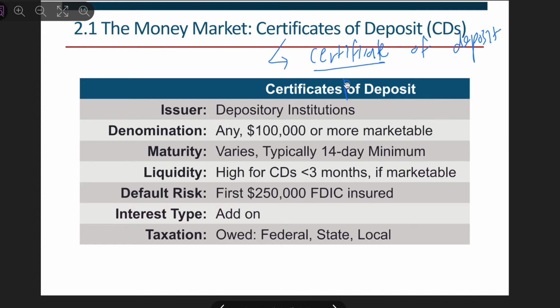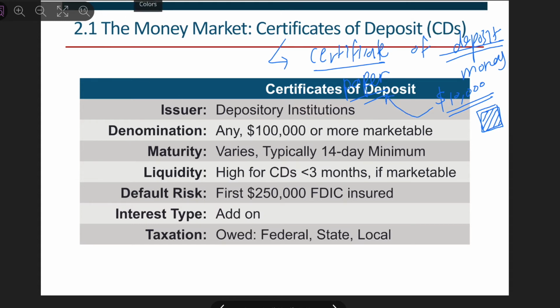So certificate is a paper of your deposited money. It says, let's say, $10,000 is deposited to your account or to this non-anonymous CD. So this paper guarantees this has a $10,000 value. That is a CD.